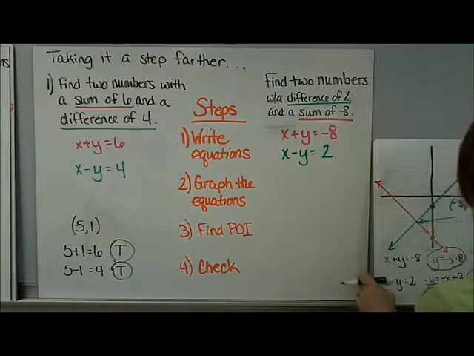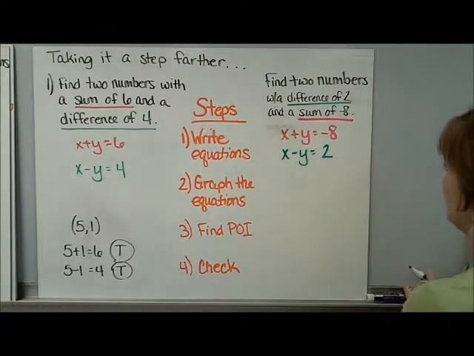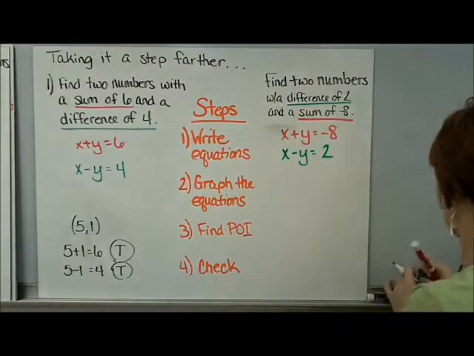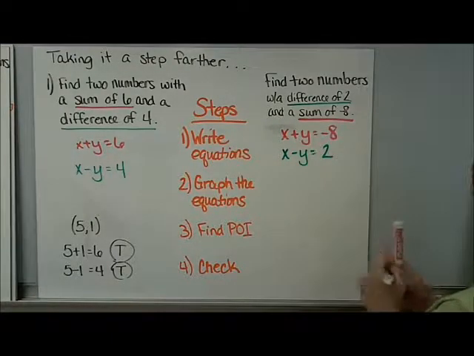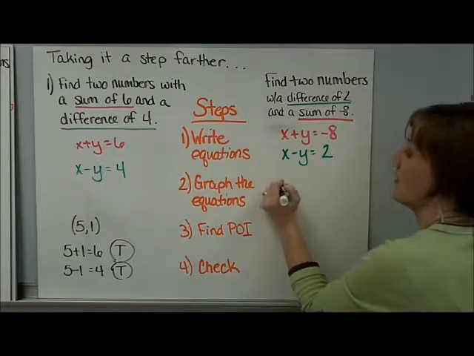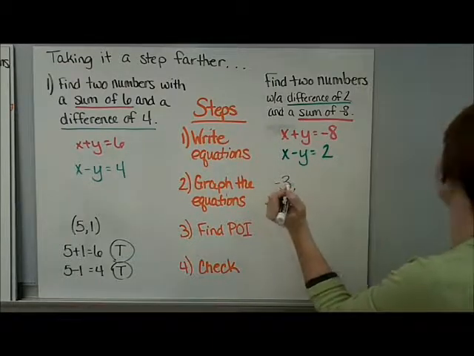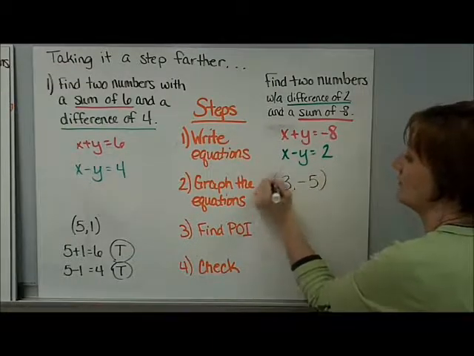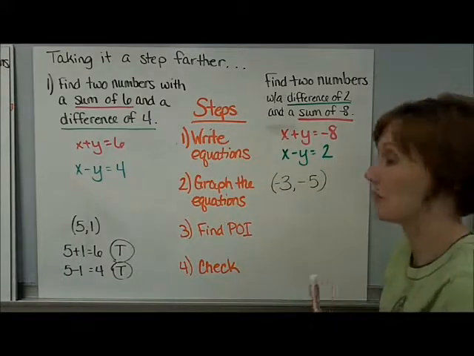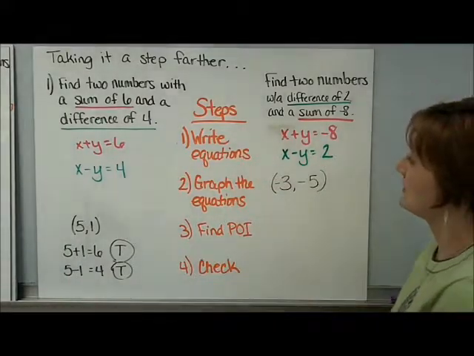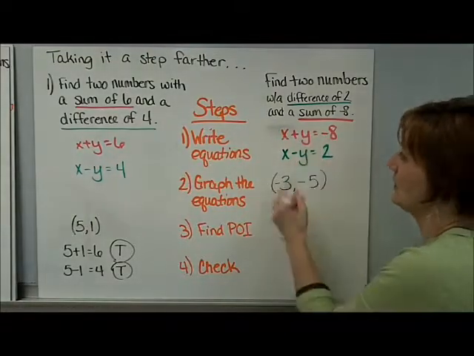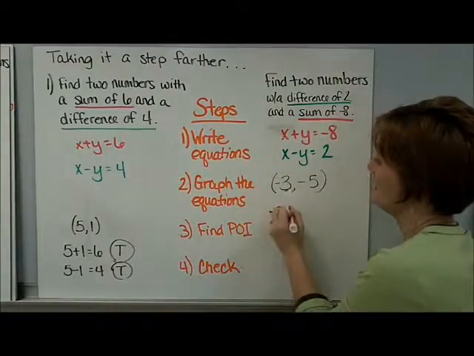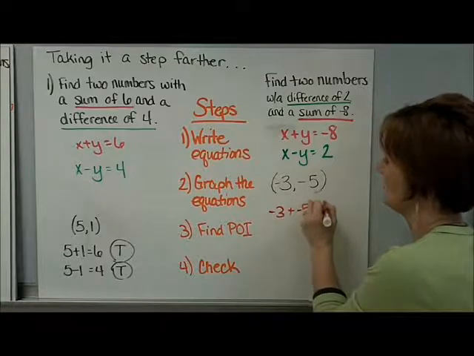Let's take these, and so we came up with minus 3, minus 5. Let's see if that's a possibility for these two numbers we're looking for. If I put them into this first equation, x plus y, minus 3 plus minus 5 equals minus 8.